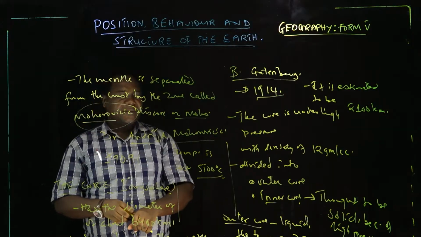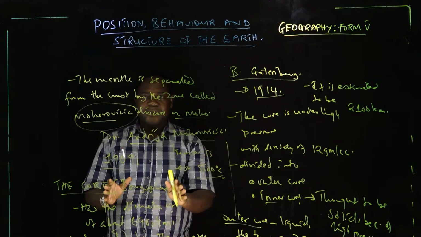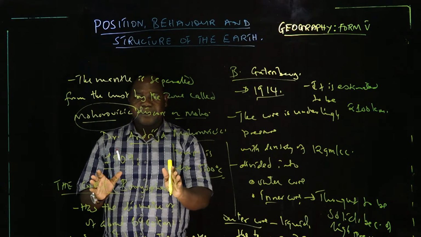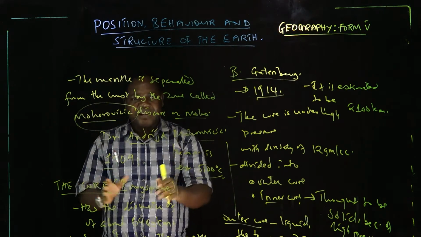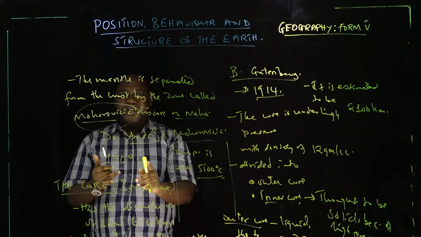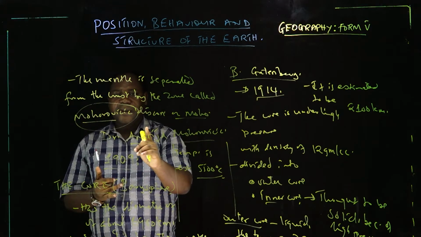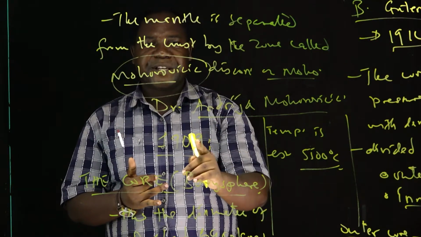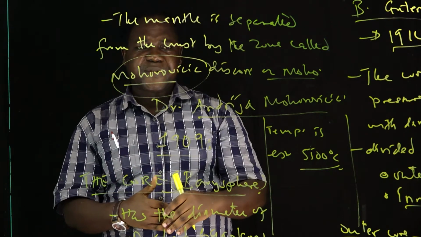My dear student, we have been able to go through the main layers of the Earth's internal structure. We have the crust, which has upper and lower parts. We have gone to the mantle and seen the zone of separation.